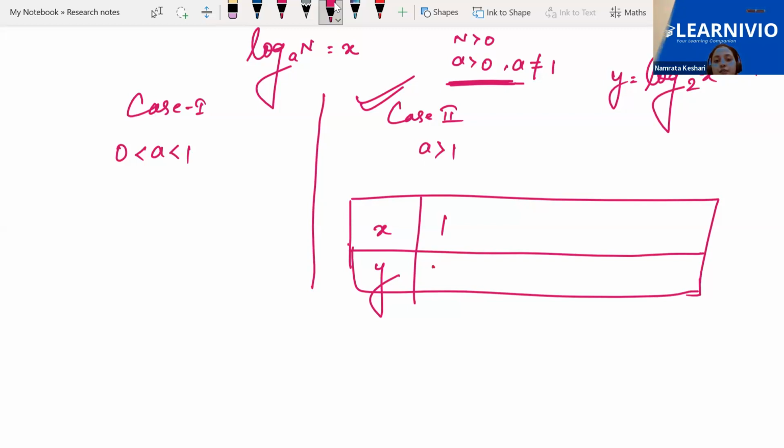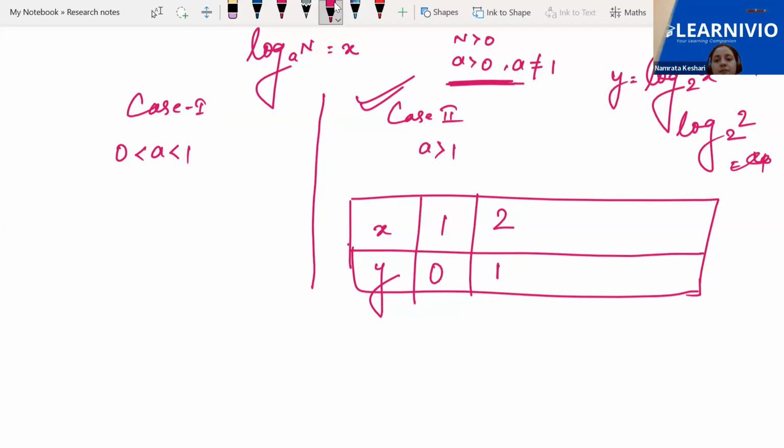Annapurna? 0. Okay, if we take x as 2, what will be y? Log 2 base 2 is 1, right?